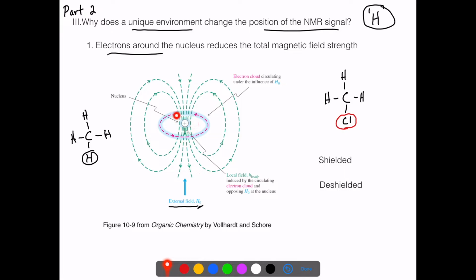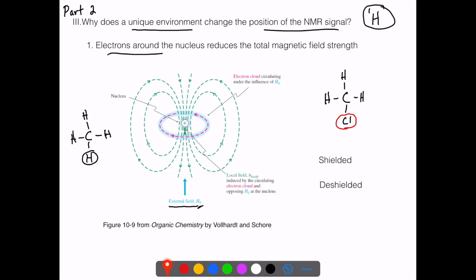That's how these hydrogens would be different than these four. It really doesn't have anything to do with 3 and 4, it has to do with the fact that we have this chlorine here. It's pulling those electrons, it's de-shielding it, and so the hydrogens on this molecule would be more fully held by the magnet, and they require a greater amount of energy to flip them.